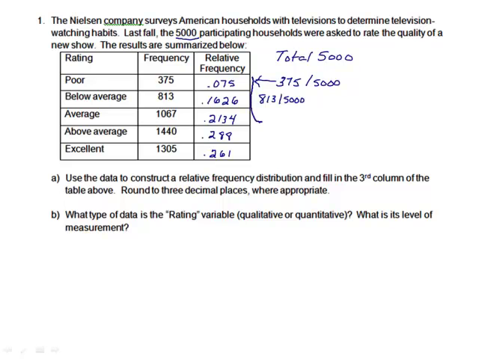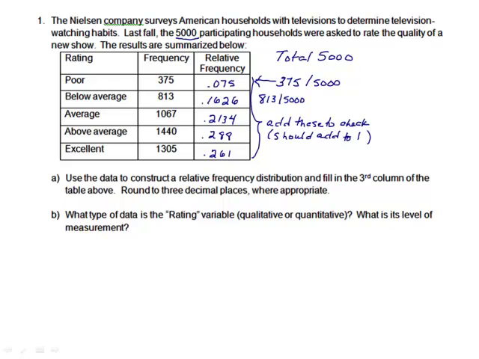Now when we get done, in order to check this, we can add all of the relative frequencies together, and they should add up to 1 or be very close to 1. There may be enough rounding error that they could be just a little bit off of 1, maybe by a tenth or a hundredth, but not more than that.